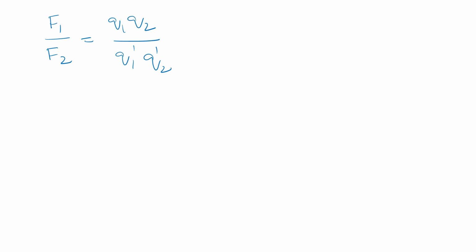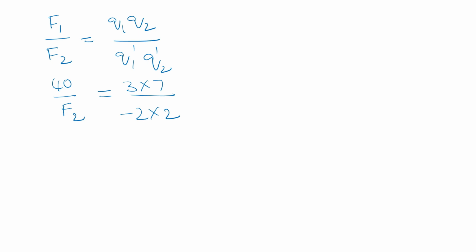Now we are substituting values: 40 by F2 is equal to 3 into 7 by 2 into 2. See, Q1 and Q2 are 3 and 7, Q1 dash is 2, and Q2 dash is also 2.